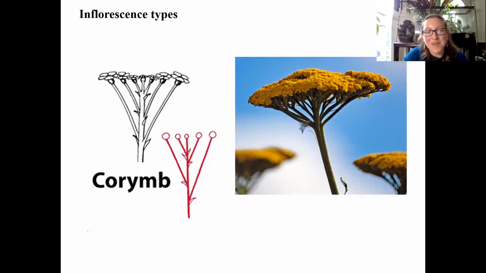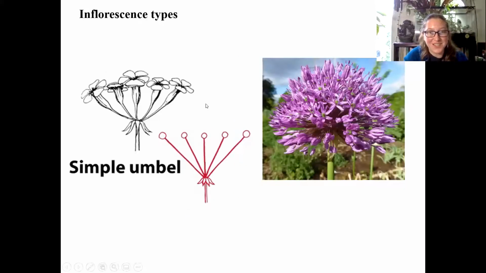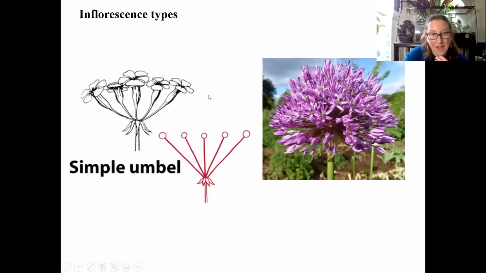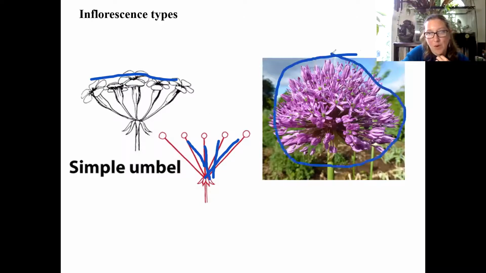Corymb and umbel are similar, and the difference is that in the corymb, the stalks are different lengths, such that all the flowers end up at the same height. In the umbel, the stalks are all the same length, radiating out of one spot. And in some cases, you might end up with the flowers at the same height. Other times, the umbel might look like a big ball.